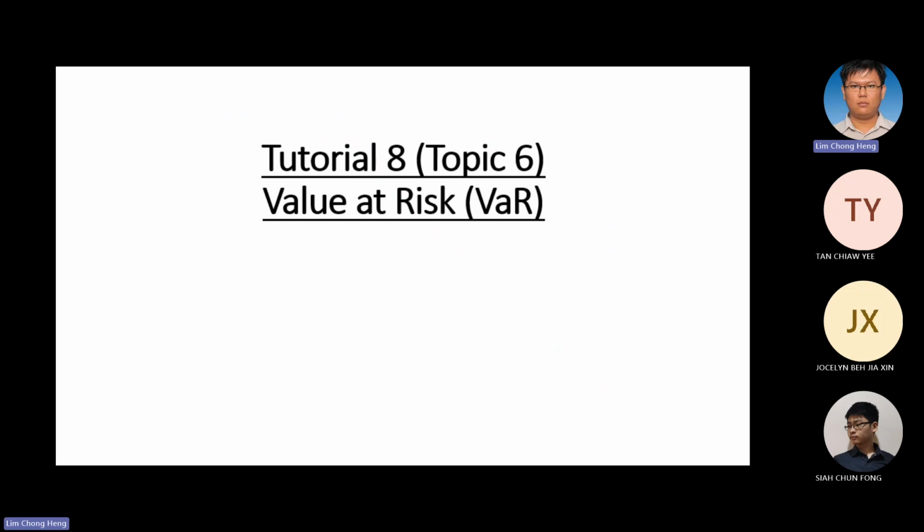And this method is very popular, first, because in 1990-something the U.S. Securities and Exchange Commission required all listed companies, if they were involved in derivative market transactions, to report the short-term risk. So the companies use VAR.